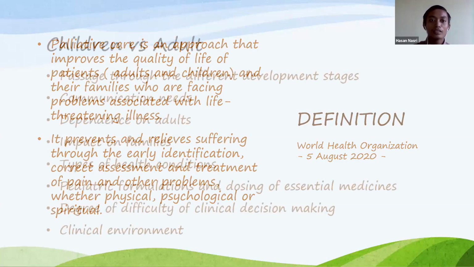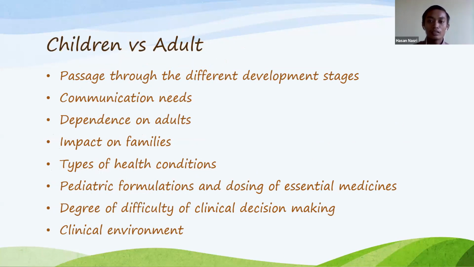Next, children and adults have different approaches to palliative care, because children go through different developmental stages, and as their age increases, they become more mature, can understand more about their surroundings, and are more able to understand their conditions.